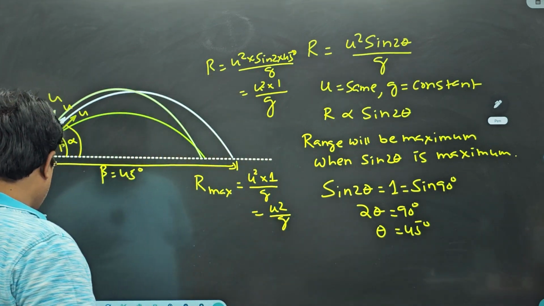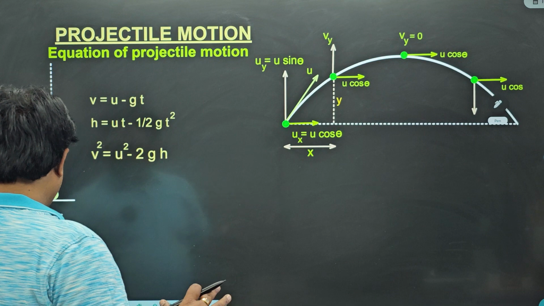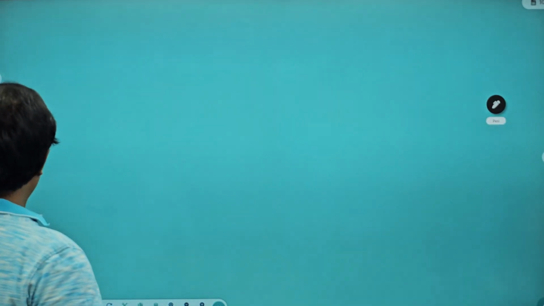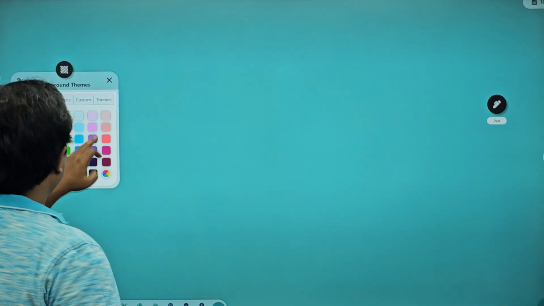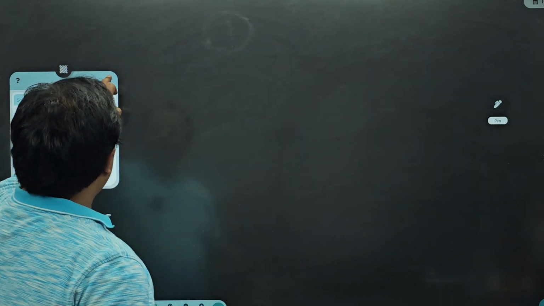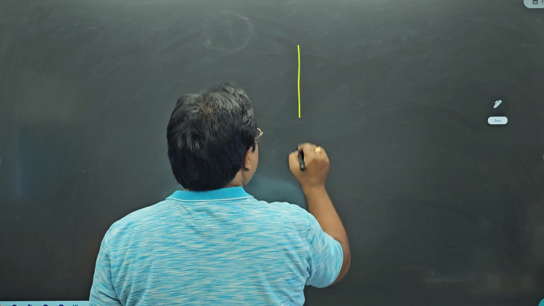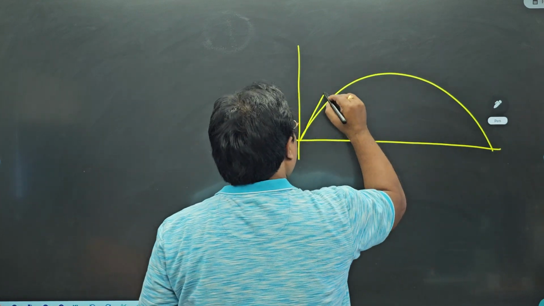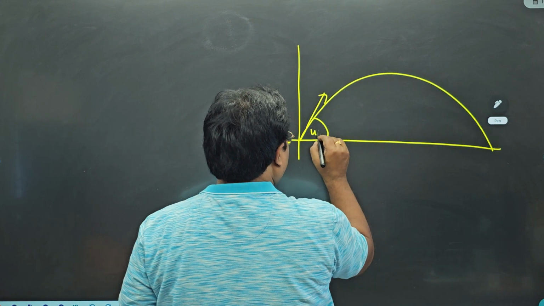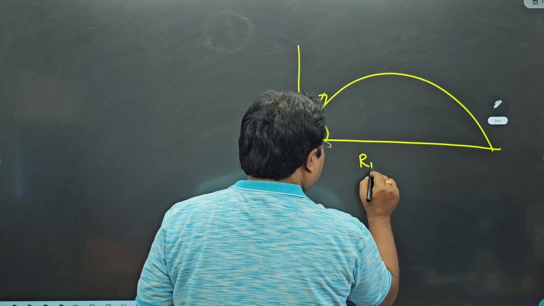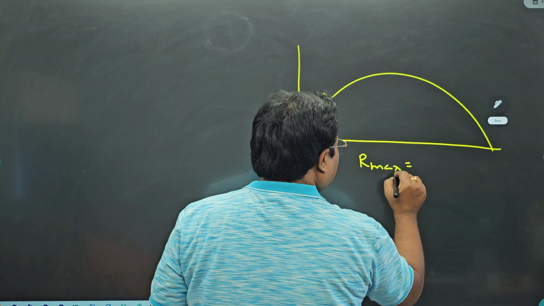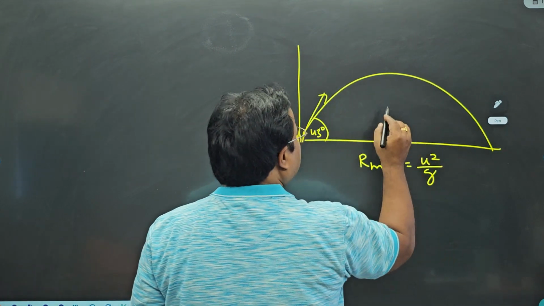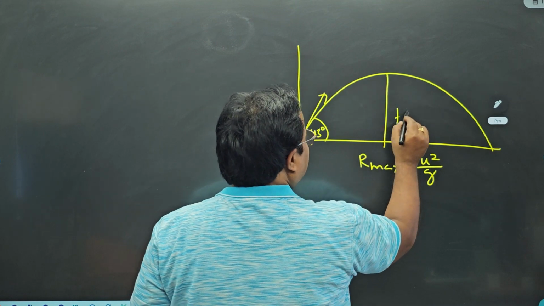Another thing, we'll find a relationship. Just you see, my dear students, what we'll do here. When the angle of projection is 45 degrees, the range is maximum, and the maximum range we have just found is u square by g, and this is the height.